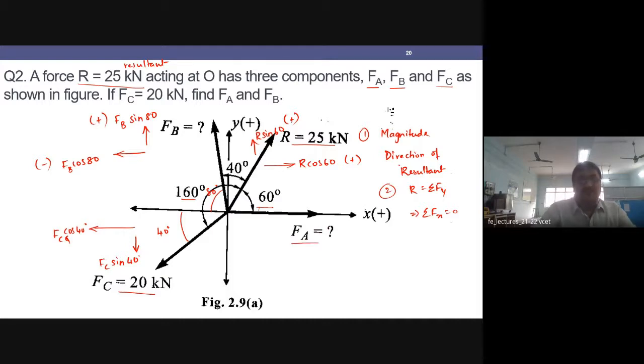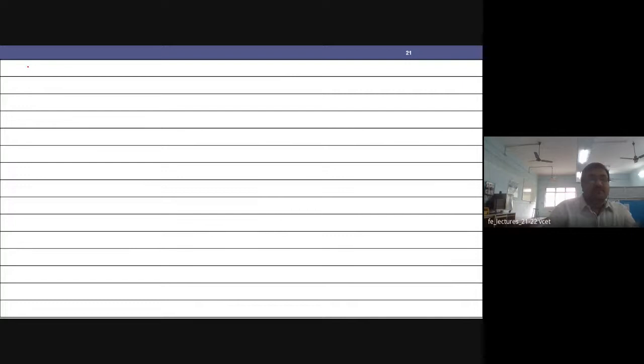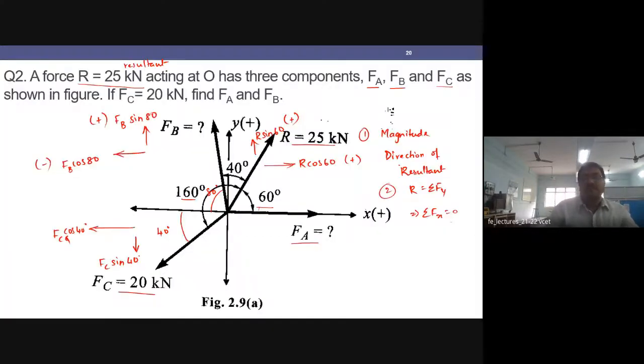Next, I have to apply my equations, right? Sigma Fx equals... Can you tell me sigma Fx? What will be the sum of sigma Fx? FA, which is again positive.